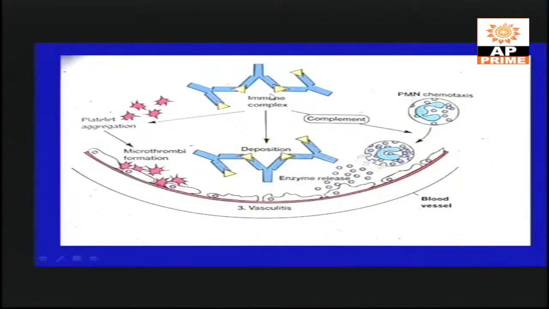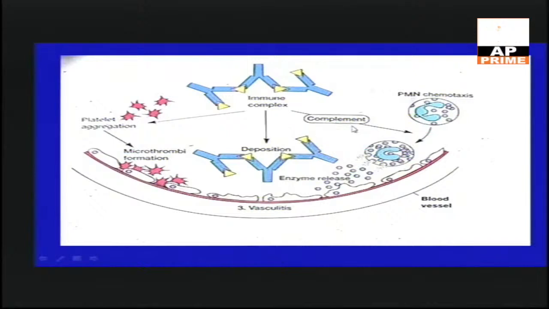So, here we can see in the picture the immune complexes deposited on the epithelial basement membranes of the blood vessels, and they attract the platelets, which become aggregated, forming microthrombi, and they cause the complement activation.